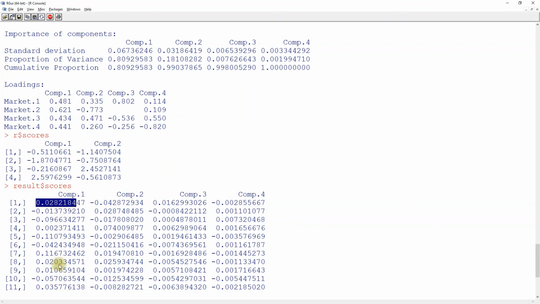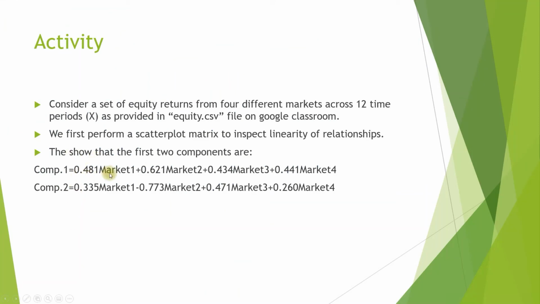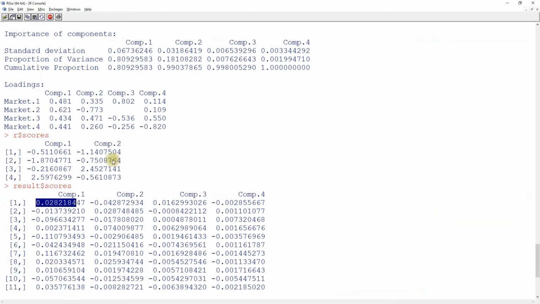So how did you get these values? These values have been obtained just by applying this equation. So that's all about principal component analysis.